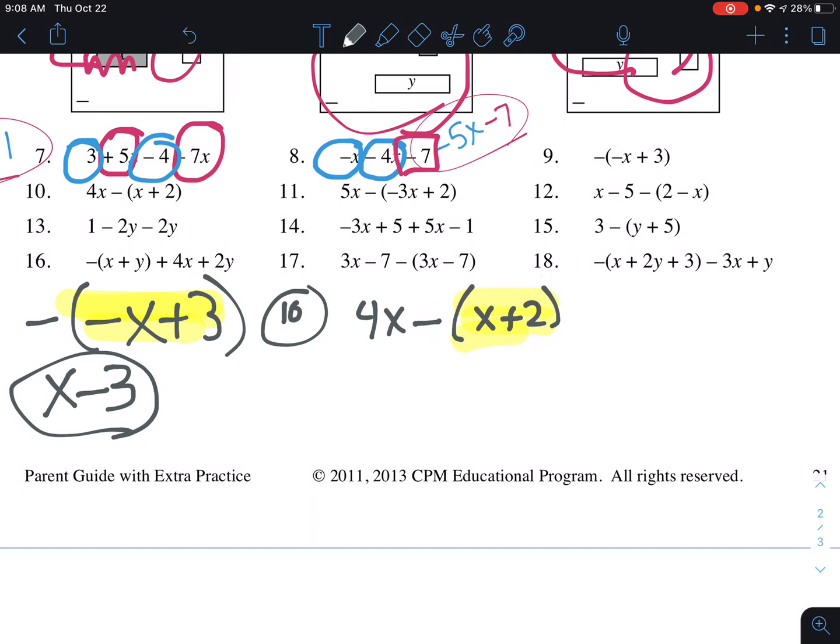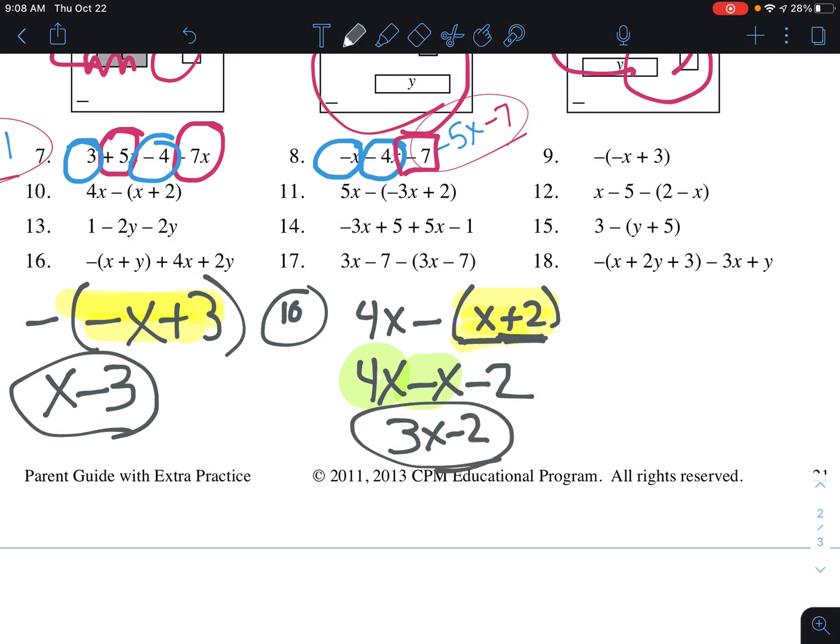The 4x stays the same because that's not after a minus. And then this x was a positive inside, now it's a minus. This plus 2 was a positive 2 inside, and now it is also a minus. And now we've got like terms here. So 4x, a minus x ends up being 3x minus 2. And that is how we get that answer.